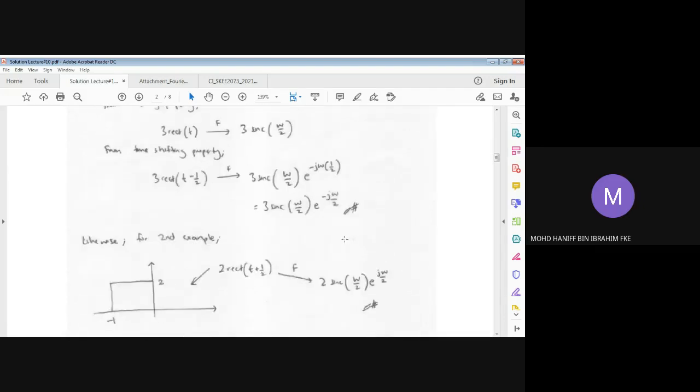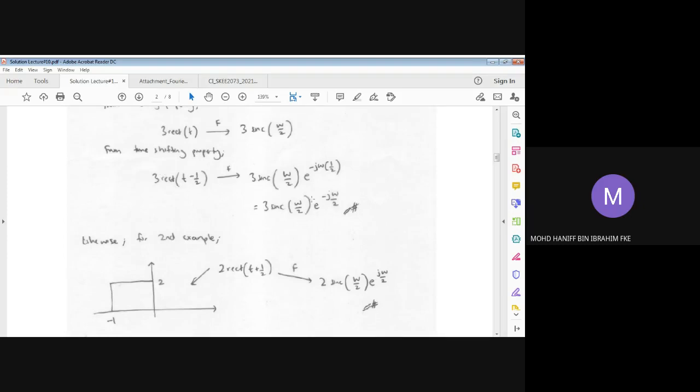For the second example, if you can recall, we have a shift by half unit to the left, and the amplitude scale is now equal to 2. I believe the equation can be written as 2 rectangular T plus half. You can try to do this on your own. Basically we are repeating the same problem as above.